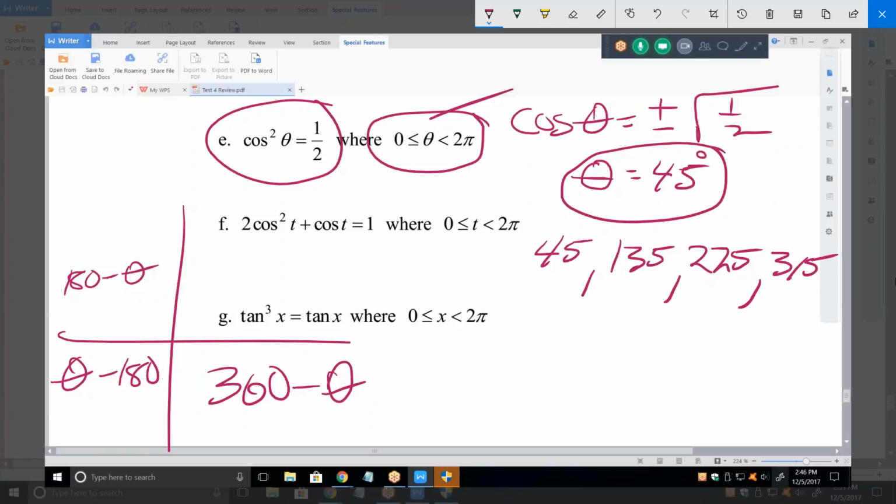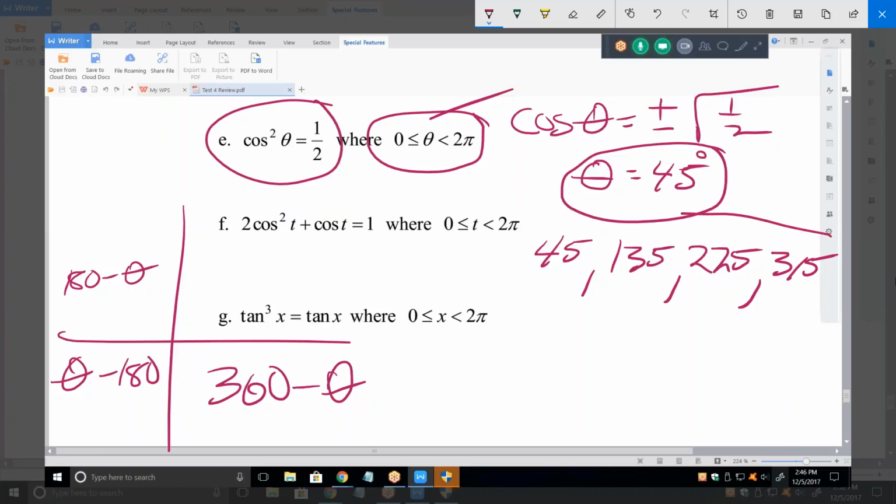You got them. Now, if you go into your calculator and you say, what's the cosine of 45? It's going to give you plus square root of 1/2. What's the cosine of 135? It's going to give you minus square root of 1/2. Cosine of 225 is going to be minus square root of 1/2. And the cosine of 315 is going to be plus square root of 1/2.